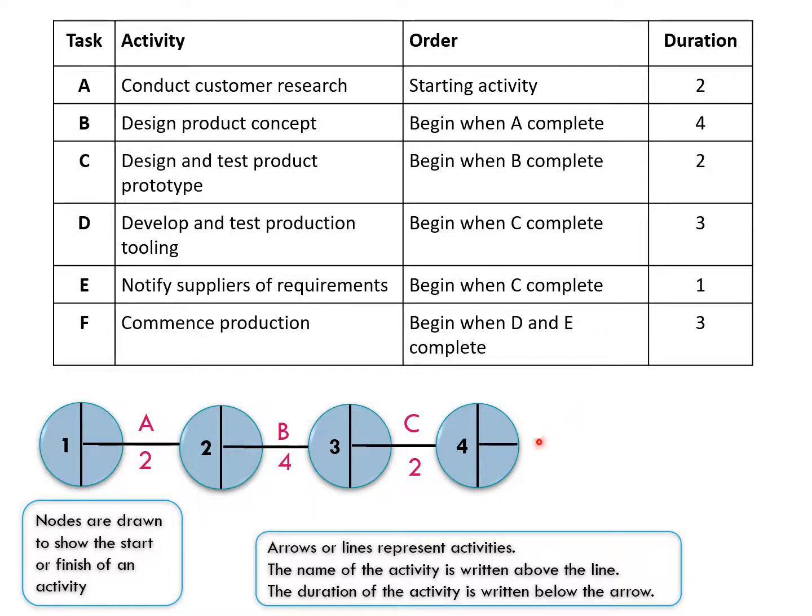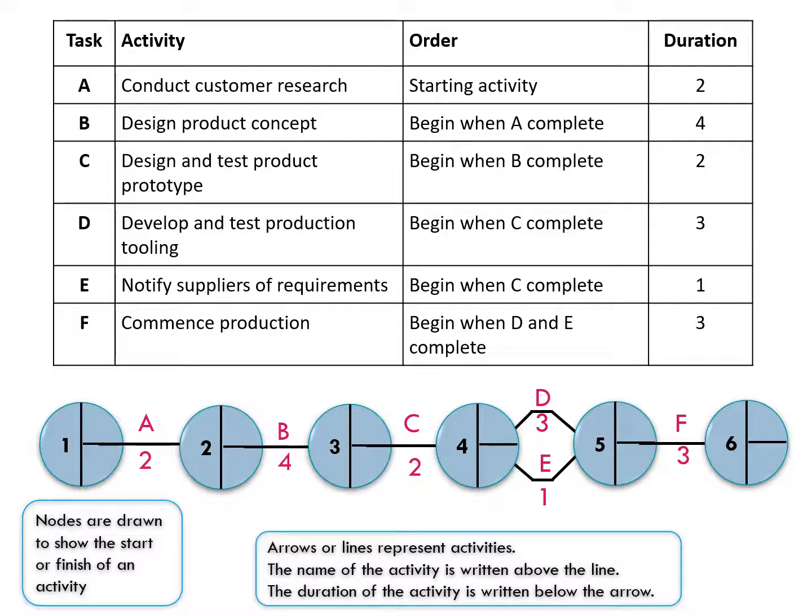So in this situation, I have 2 activities starting at the end of activity C. And I would indicate that by drawing 2 lines. One for activity D and one for activity E. And again, underneath, I write the duration. When both D and E are finished, at that point in time, the 5th point in time, then I can commence production.